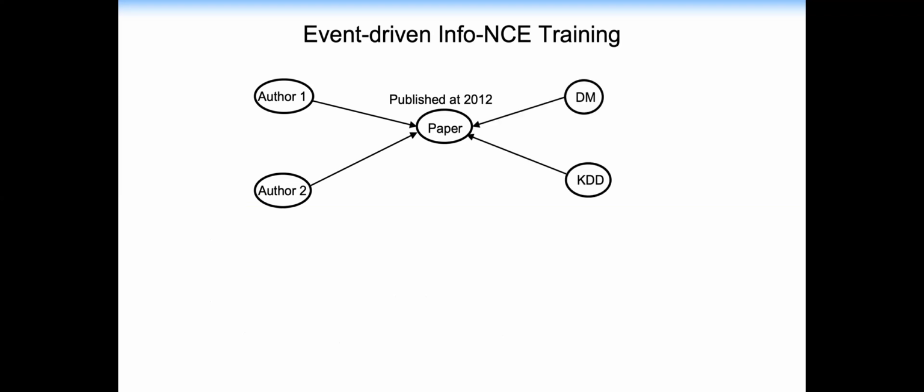For example, in the academic domain, the event is the publication of each paper. Author 1 and author 2 decided to collaborate and publish one paper. It was published in 2012, in the KDD conference, and it was about data mining. This is a real event that happened in the academic knowledge graph.